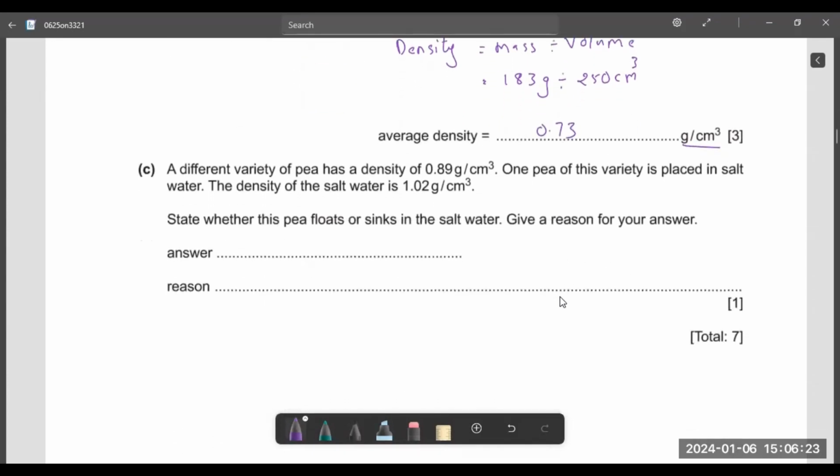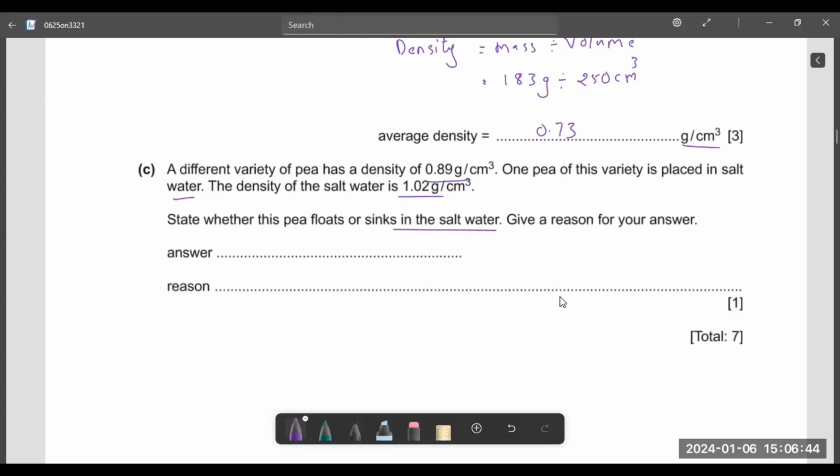Next, a different variety of pea has a density of 0.89 gram per centimeter cube. One pea of this variety is placed in salt water. The density of salt water is 1.02 gram per centimeter cube. State whether this pea floats or sinks in salt water. Give the reason.